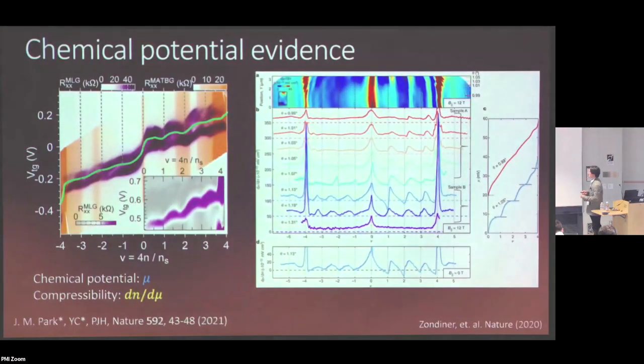And there is also important evidence that comes from the so-called chemical potential measurements. So basically, in this measurement, you're measuring the absolute value of the Fermi level as you fill up the band. Okay. So basically, we call it mu versus n, where n is the density and mu is the chemical potential. Or you can also study the derivative of this, which is called the compressibility, dn/dmu versus n.